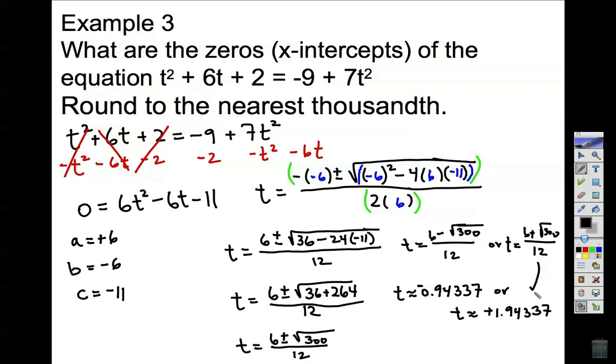So this one gives me this number, this one gives me that one.